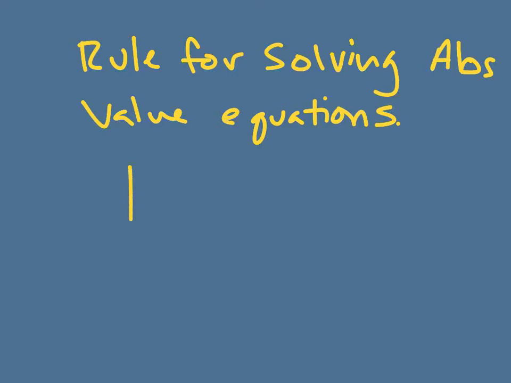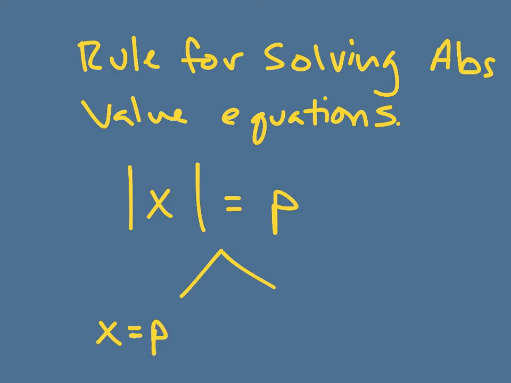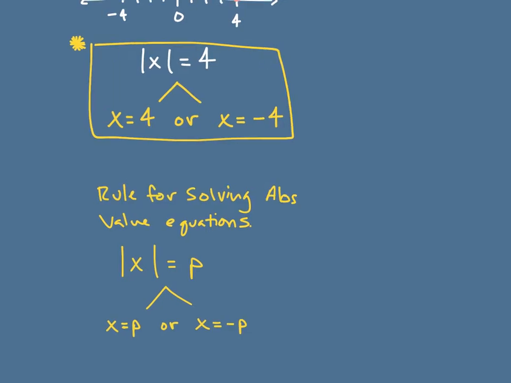If I have the absolute value of x is equal to some number p, then we set up two different equations. I'm going to take the value on the inside, x, and set it equal to +p, or take the value inside the absolute value, x, and set it equal to -p. This is the exact same thing that I just demonstrated up here. If I wanted to solve this equation, I would just take what's inside, x, set it equal to the positive value, and then set it equal to the negative value. And we solve those equations from there.